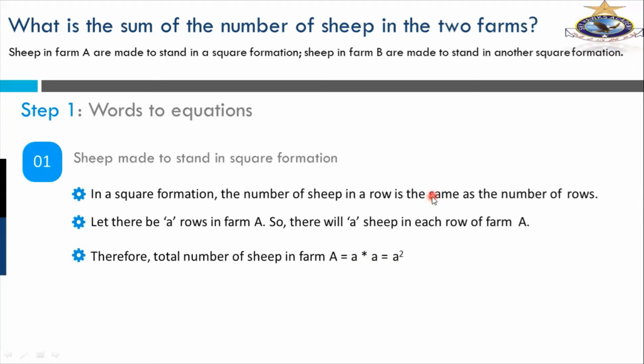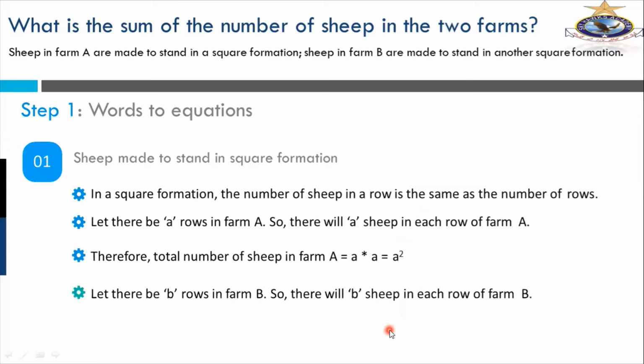So what the story is going on, we are just changing it into pure mathematics. We don't have any number, so that's why we are supposing alphabets as the unknowns. You can put x anyhow. So this is a square, the number of sheep in farm A.